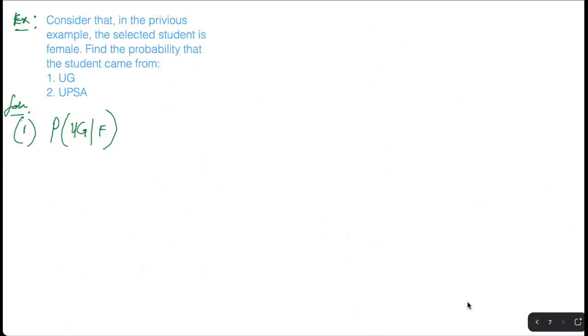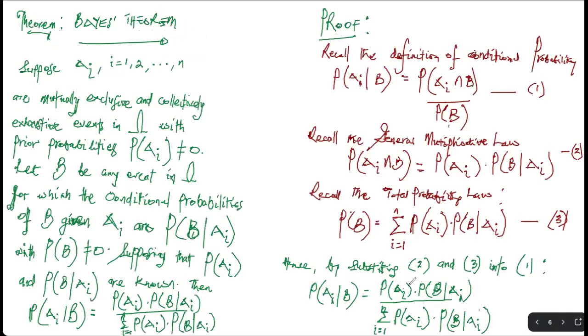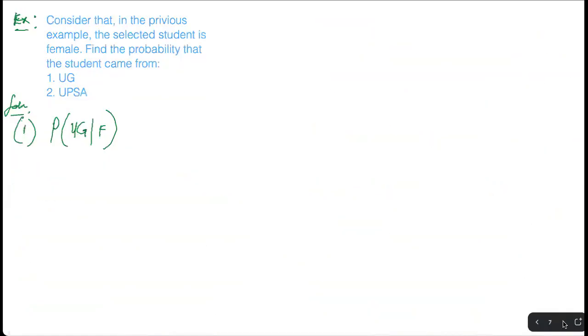We'll just apply the same expression: the probability of UG multiplying the probability of a female given UG, all over the sum. And thankfully, we found all these probabilities when we solved the previous problem.